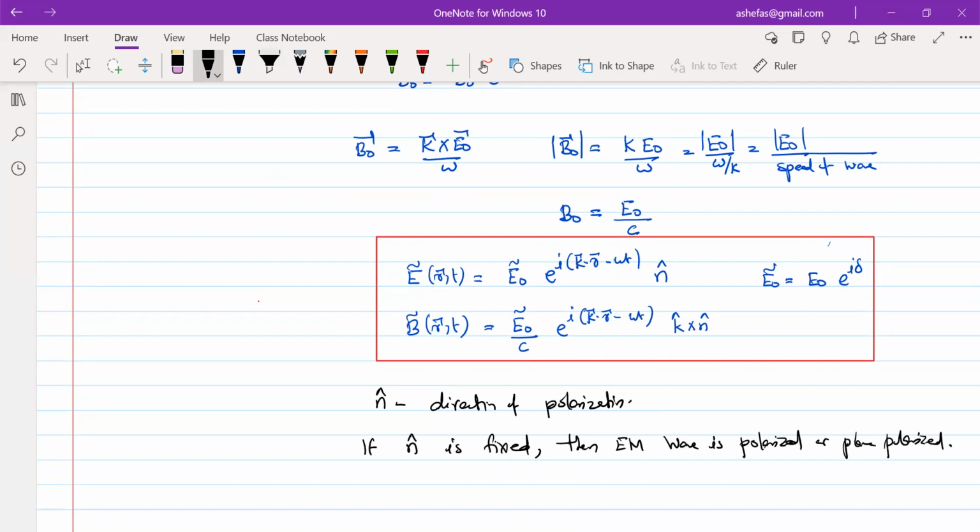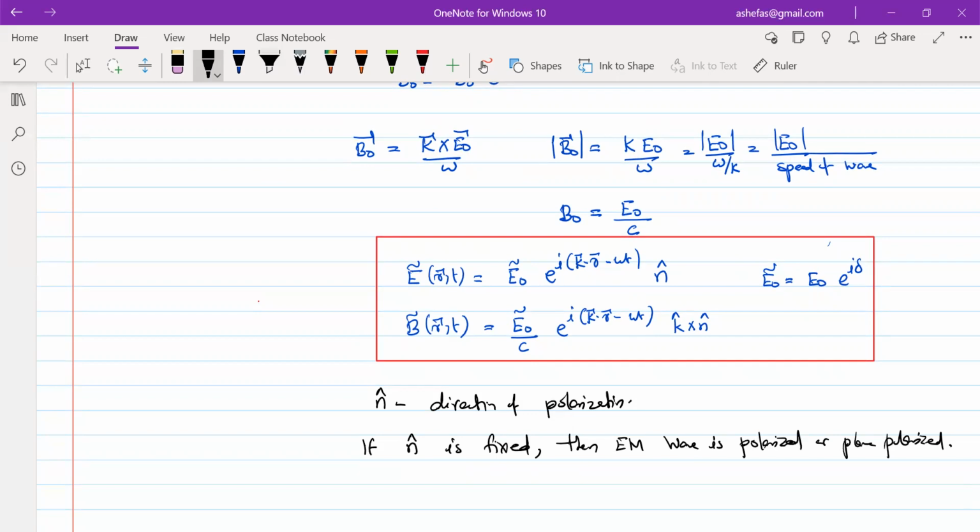So there are different types of polarization: plane polarization, circular polarization, elliptical polarization. So what is meant by circular polarization? If the direction of n changes with time, if the direction of n sweeps out a circle during its propagation, then it can be either circular or elliptical polarization.